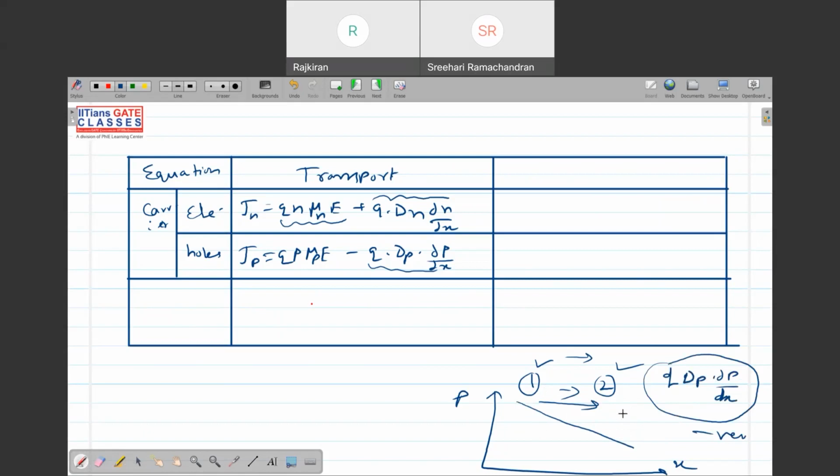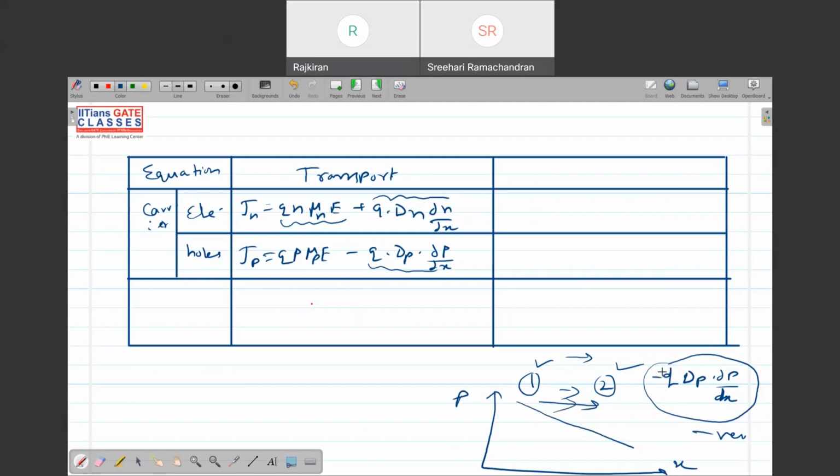So you have to put a minus here because the hole current is exactly opposite to the gradient. Here the gradient is negative, but the current is flowing in the positive x direction.